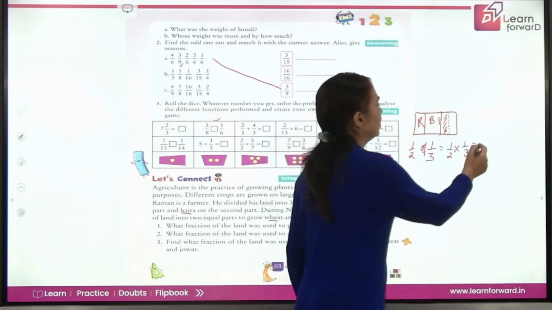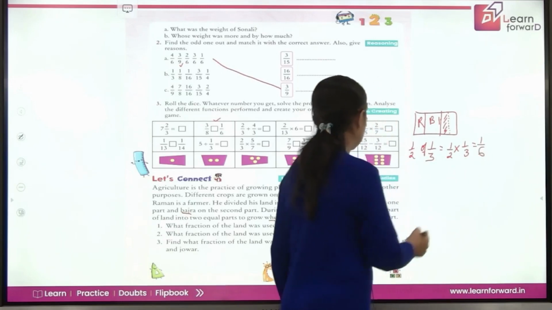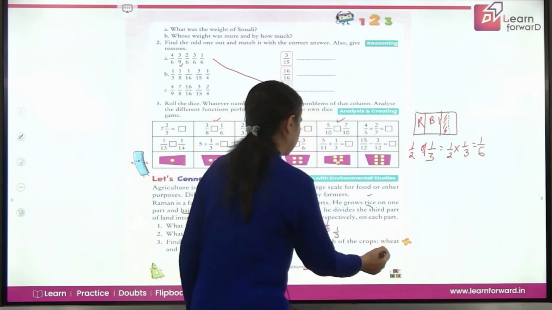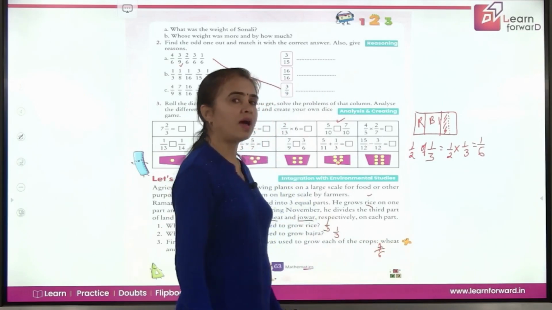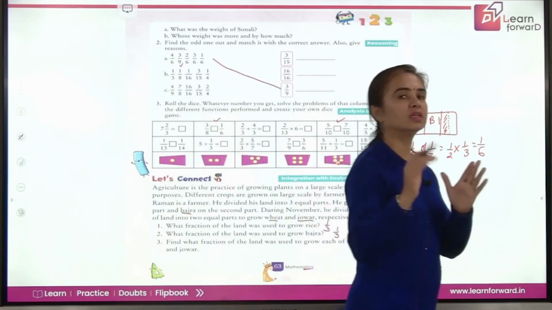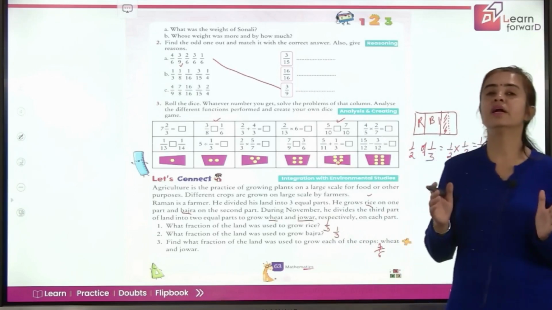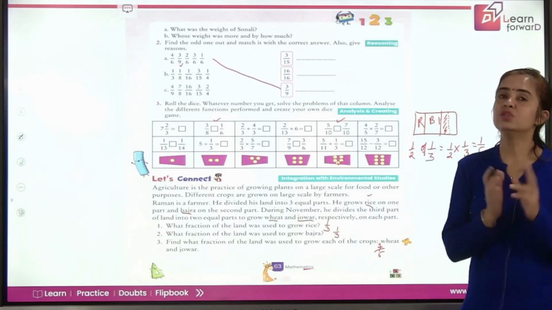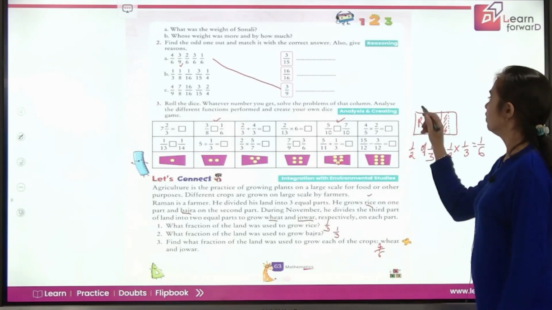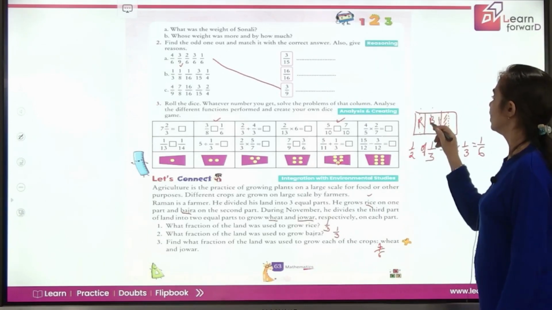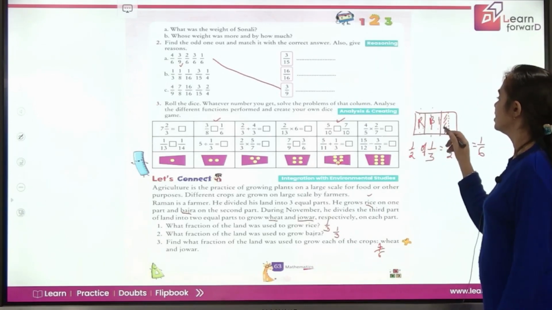That means the land used for wheat is 1 by 6 and 1 by 6 is the same used for jowar also, because out of 1/3 he divided that part of land into 2 equal parts, which means 1 by 6. If you divide this, so now there are 6 equal parts.